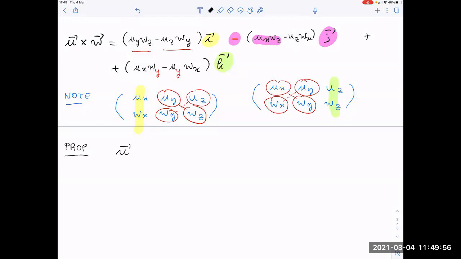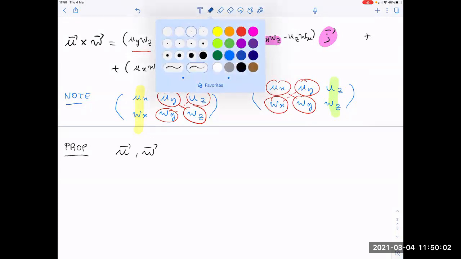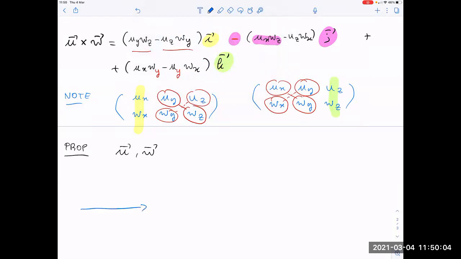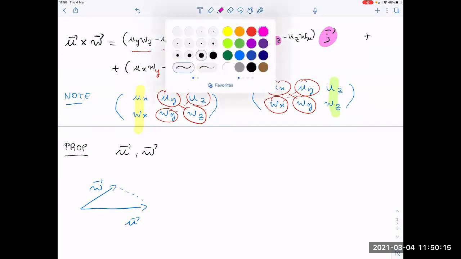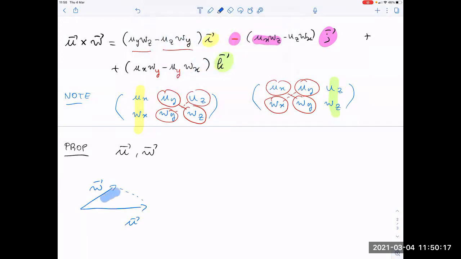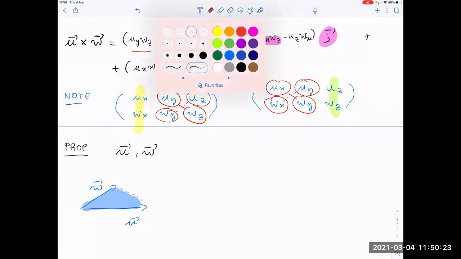When you have two vectors, say U and W, I can imagine to apply them to the same point, even if they are free vectors. And if you do this, by magic you see that there is a triangle appearing, right? Here is the triangle, call it T.